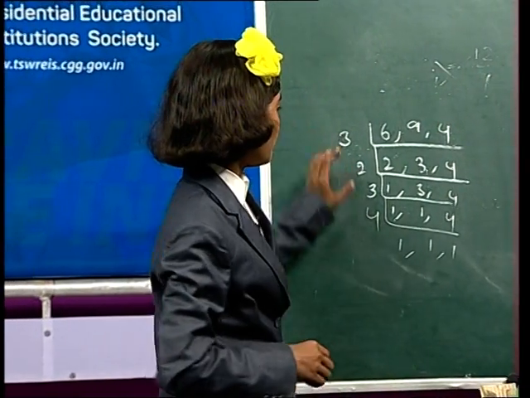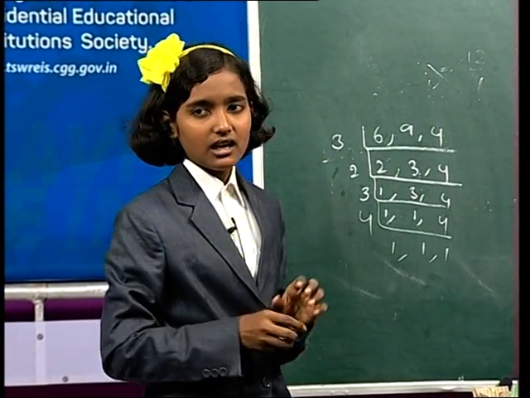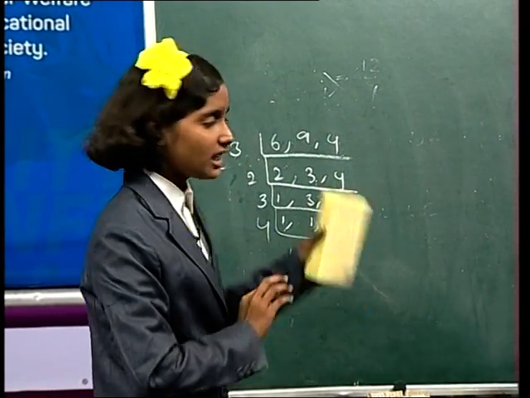So we can find that when we multiply these sides, we get the LCD 36.